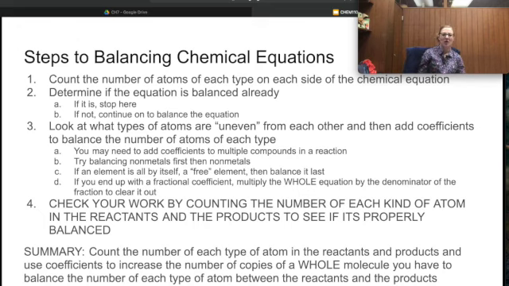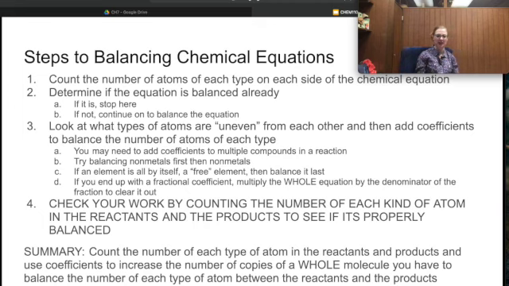So I've got a small list of guidelines to follow. It's not as strict when we're balancing chemical equations. Sometimes you get this gut instinct, this feel. Once you start to practice over and over again, you'll be able to really nail down when some of these should be applied and when they can't.